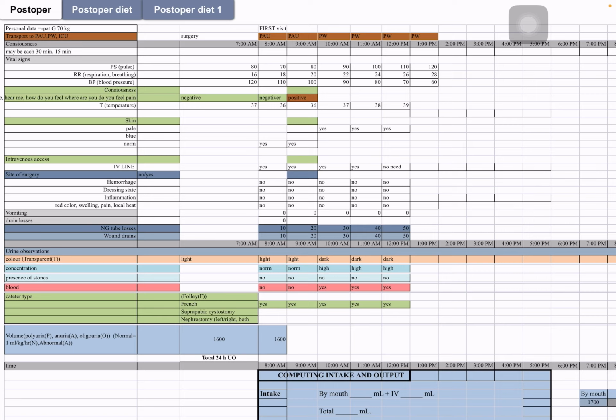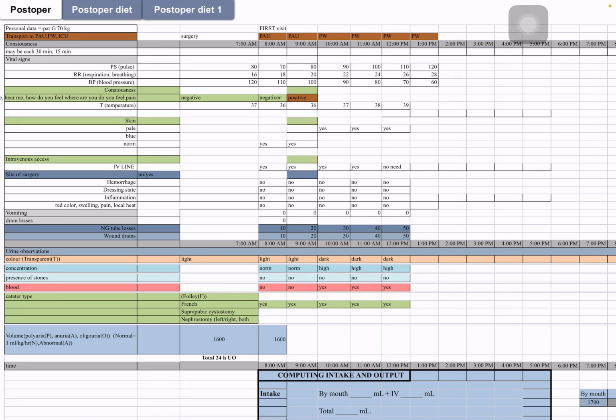Those things you have to check. Sometimes in the first 2 hours the patient is not conscious, and the consciousness is negative, as mentioned here. In the next hour it is mentioned as positive.